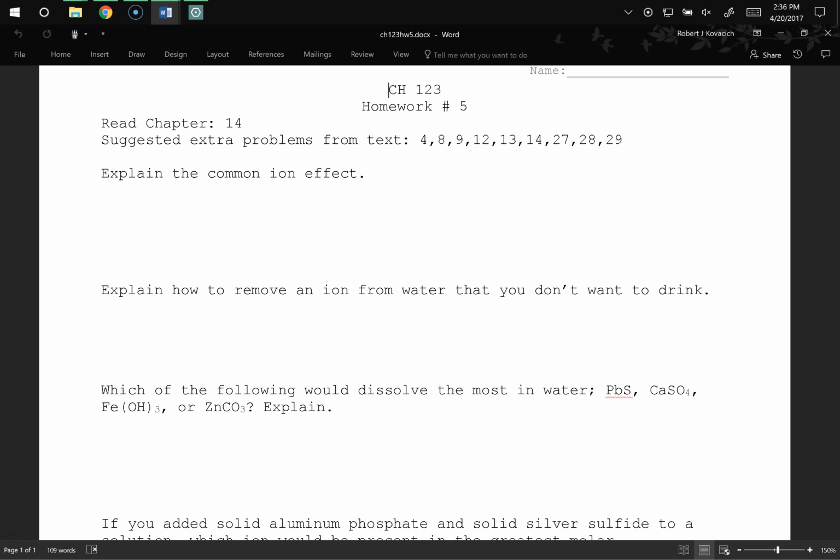I said adding a specific ion to solution. Okay. Or shift equilibrium could include solidify.